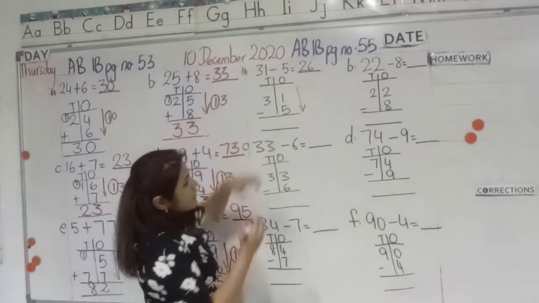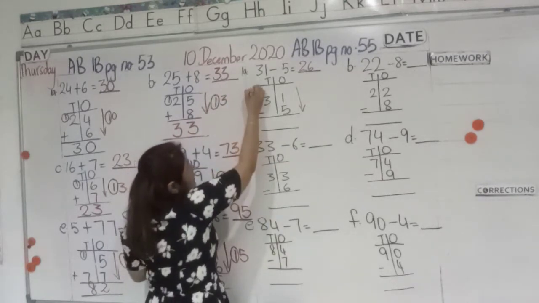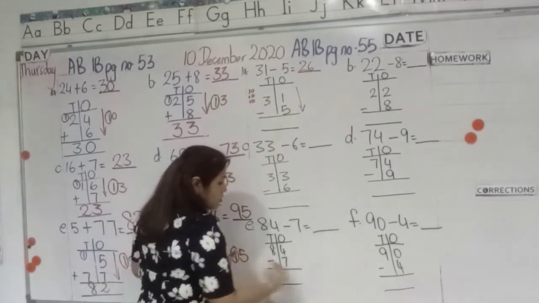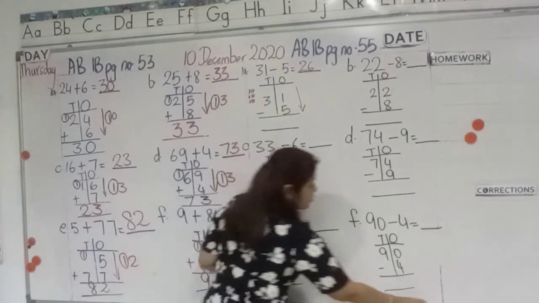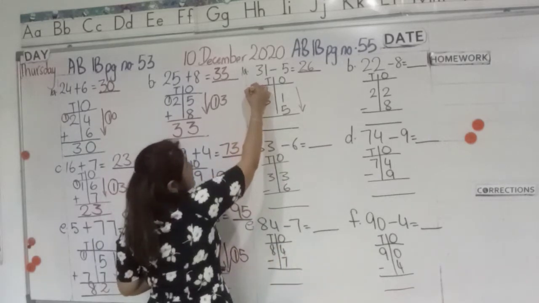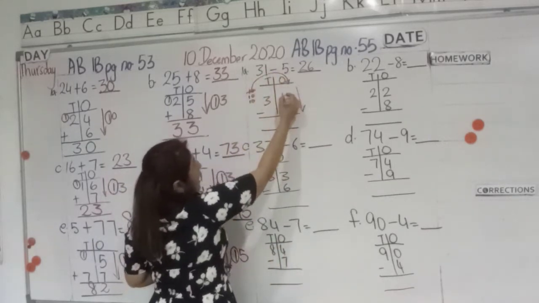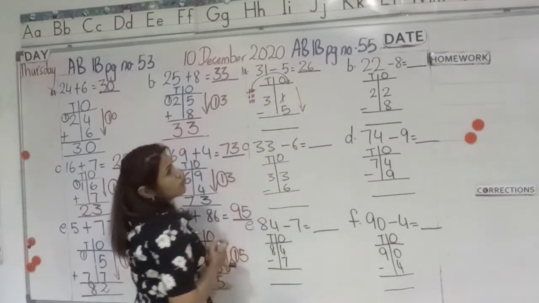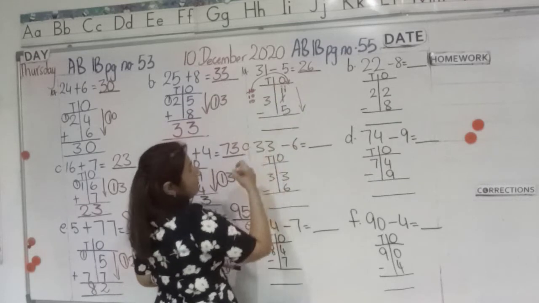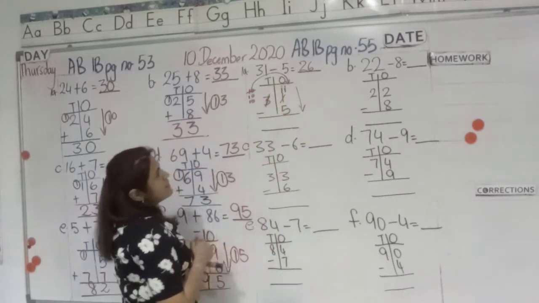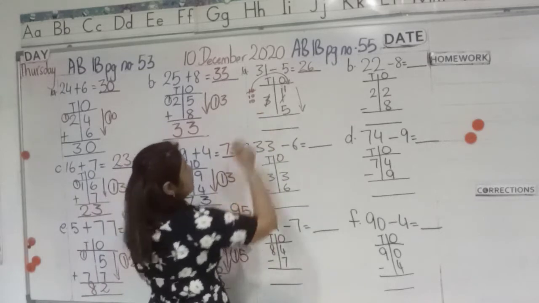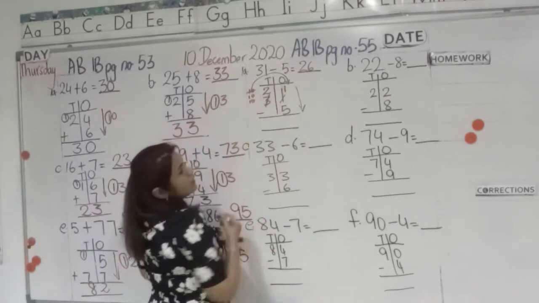So 3 tens means there are 3 tens. Now you are going to take 1 ten. You're going to borrow this 10 and keep it here. So this 10 plus this 1 will become 11. And here in tens place, you are left with only 2 tens.